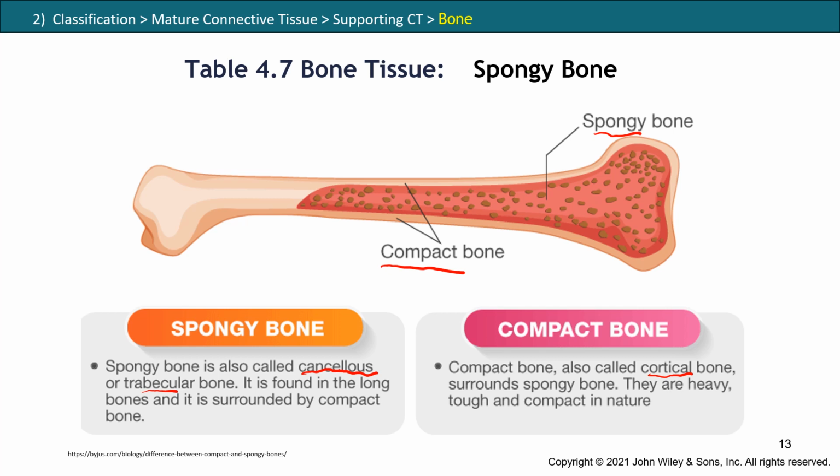But the most important part is that, as we said before, the compact bone is in the outer layer while the spongy bone is inside. The compact bone is heavy, tough, and compact in nature, while the other one looks like a sponge that has inner pores.